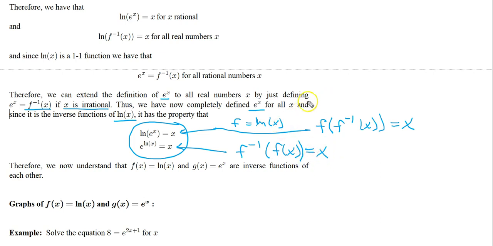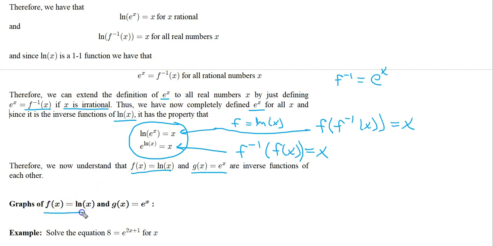You see, in this case, f of x is ln, and f inverse is the function e to the x. So therefore, we now understand that f of x equals the natural logarithm function, and g of x equals e to the x are actually inverse functions of each other, based on what we've just discussed.